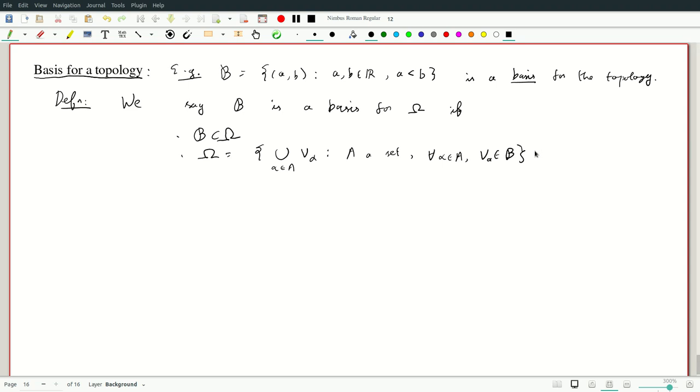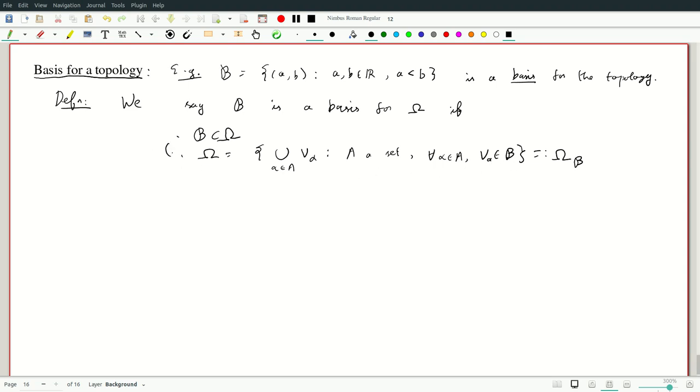Remember, we defined this to be omega B, and we proved a couple of properties about omega B, and indeed those will carry through here. So if omega is the union of these, we look at unions of subsets of B. They are exactly the open sets.